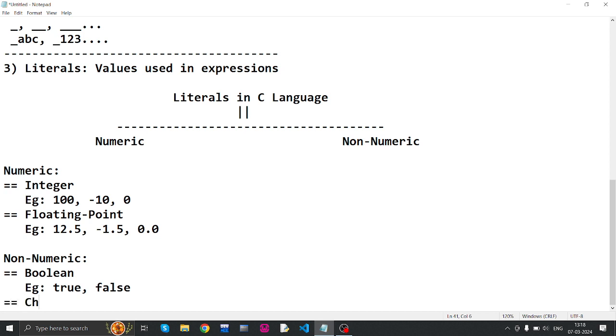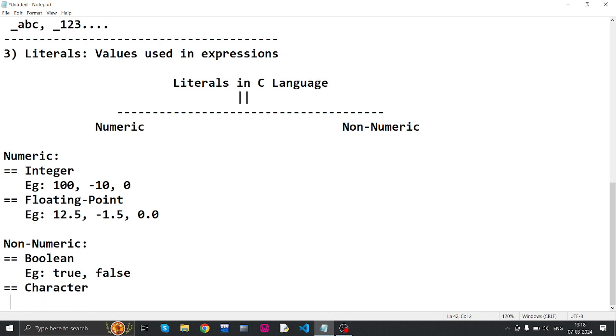Then we have character literals. Any ASCII character placed inside single quotes or apostrophe symbol, it's a character literal.